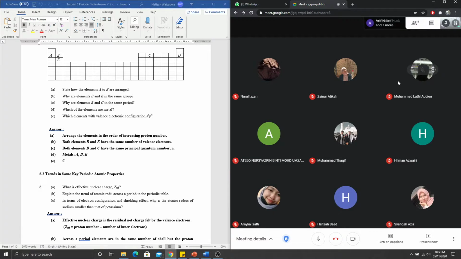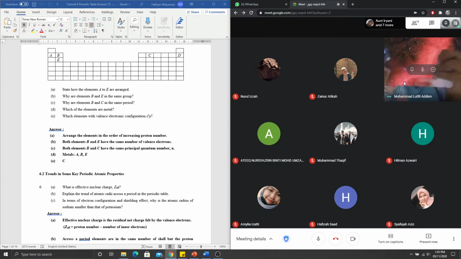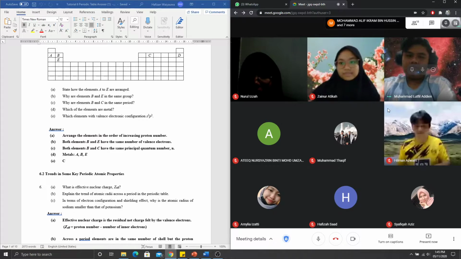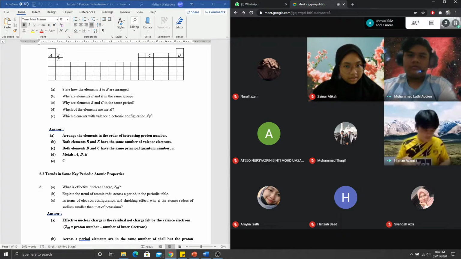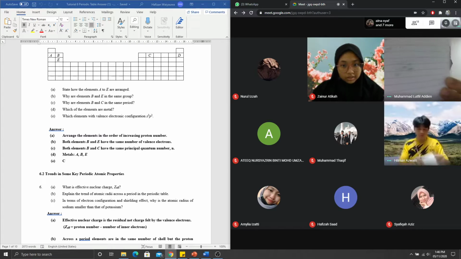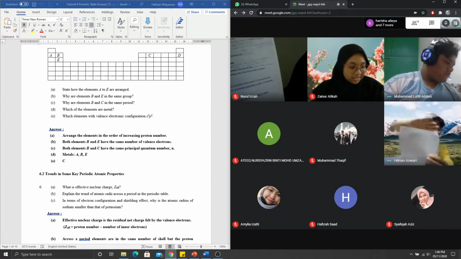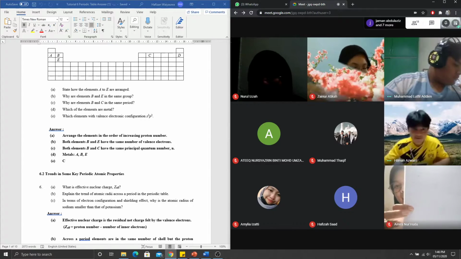Okay, just a spot check. I want you guys to show the camera that you guys are actually tulis. Okay, kat camera. Saya nampak you punya background lah, Lutfi. Okay, show me that you guys dah buat the electronic configuration. Okay, very good. Izzah, salin dalam buku sekali. Okay.